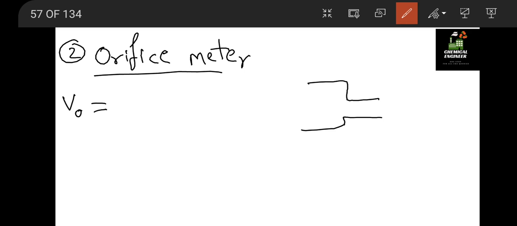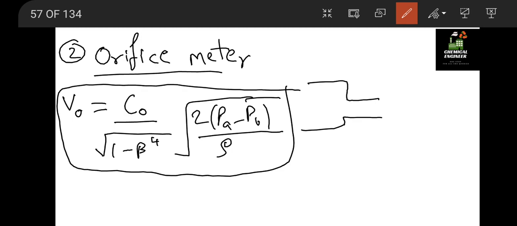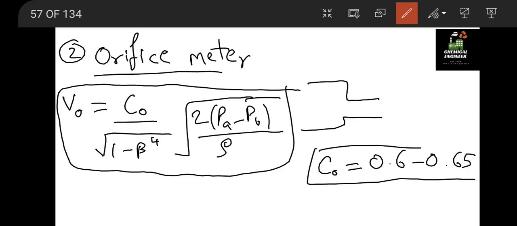We call it V naught, the velocity of orifice, with C naught, the coefficient of orifice, as we have CV for the Venturi. The orifice velocity is C naught divided by under root (1 minus beta raised to 4), where beta is dB by dA, into under root 2 times (PA minus PB) divided by rho. C naught, the orifice coefficient, ranges from 0.6 to 0.65. This value will be given to you.